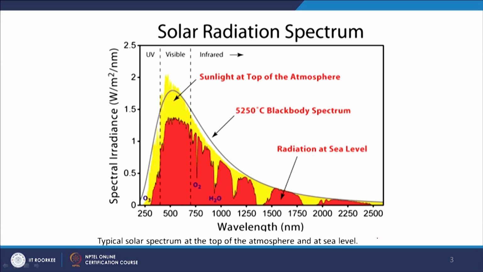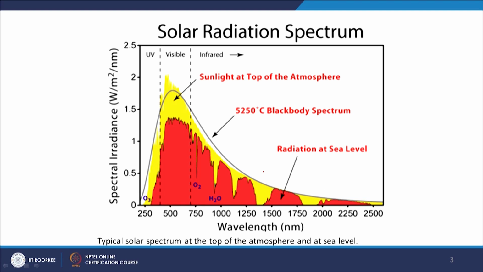If we now plot the solar radiation spectrum, on the y axis we have solar irradiance, which has a unit of watt per meter square per nanometer, and the x axis is the wavelength in nanometer. If you look at the sunlight at the top of the atmosphere, before it penetrates the atmosphere, it has a spectrum which looks like the yellow shaded region, and it resembles pretty much the red shaded region, which is the black body spectrum at 5250 degrees Celsius.